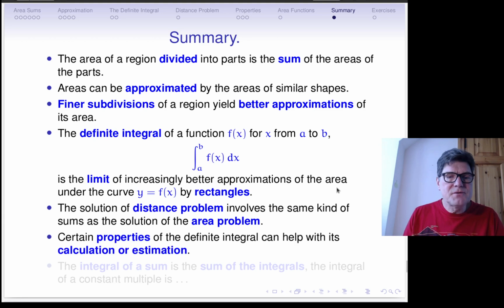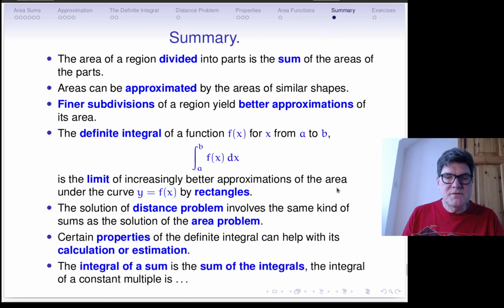We've seen a list of useful properties of the definite integral that help with its calculation or estimation, and we've seen some typical properties of the kind that the integral of a sum is the sum of the integrals, and so on. That's it for now. Next week we look at the fundamental theorem of calculus, which will drastically simplify these calculations.